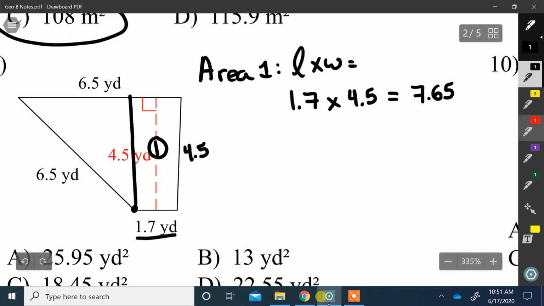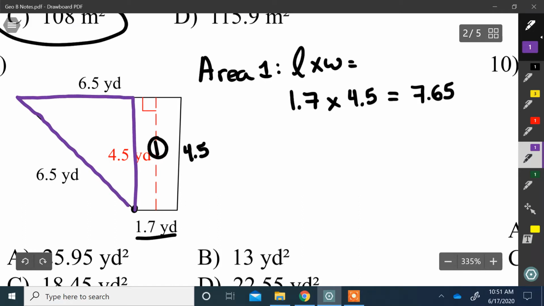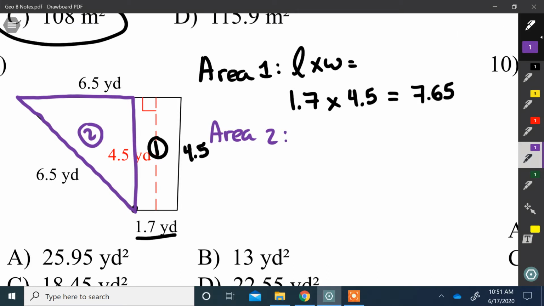Okay, now let's figure out what the area of this triangle is. That's area number 2. We're going to call that area 2. Okay, and then we're gonna add the two areas together, and then we're gonna get an answer.